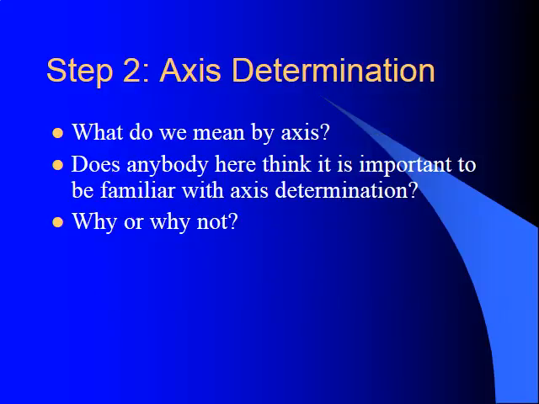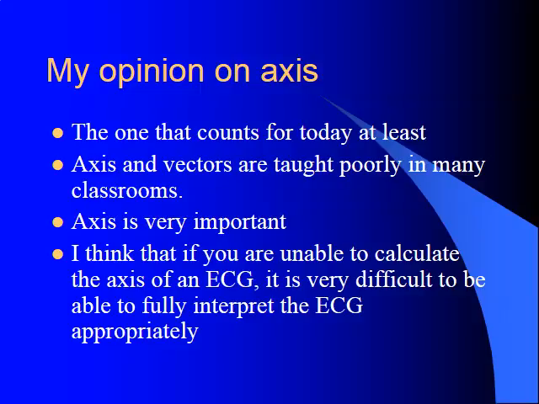So step 2 is the determination of the axis. What do we mean by axis? We're going to talk about axis determination here, why it's important to me. My opinion on determining axis of the ECG in the field, it is not taught very well in most settings in the classroom today.